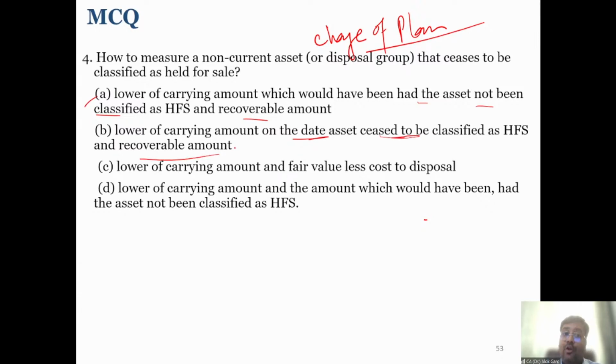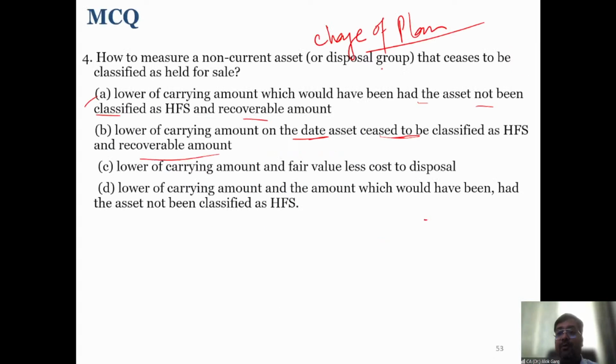Second option is saying lower of carrying amount on the date asset ceased to be classified as held for sale and recoverable amount. It is saying that whatever is the carrying value on the date of change of plan, that you need to take, and recoverable value. So this is not right. We need to compute the carrying value which would have been had the asset never been classified as held for sale.